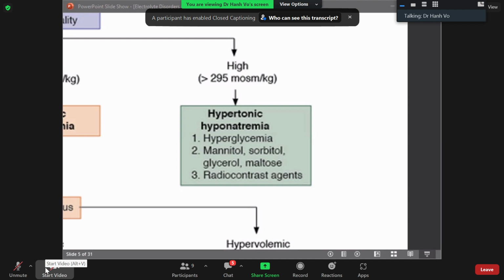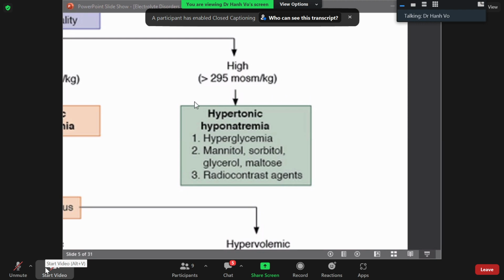Such osmotically active solutes can be the excess glucose in DKA, or mannitol when we treat cerebral edema, as well as glycine and sorbitol.